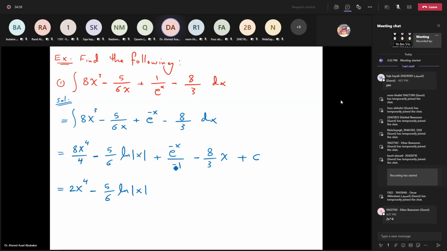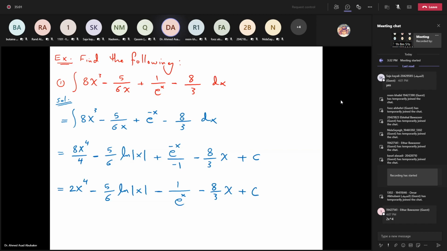We can put it negative, positive, negative, and the e in the denominators, e to the power negative x, put it in denominators and change the exponent to positive. And we have 8 over 3 multiplied by x plus c. This is the final answer.